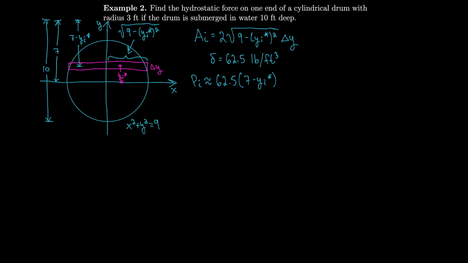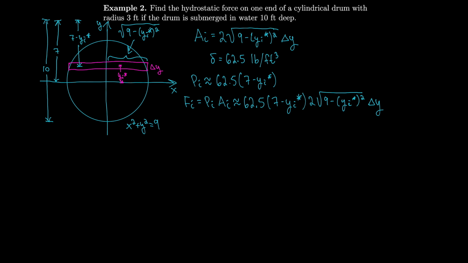Now that I have area and pressure, I can find force. So the force on the ith plate will be the pressure times the area, which is approximately 62.5 times 7 minus yi star times 2 times the square root of 9 minus yi star squared times delta y. And you already know what I'm going to do next.